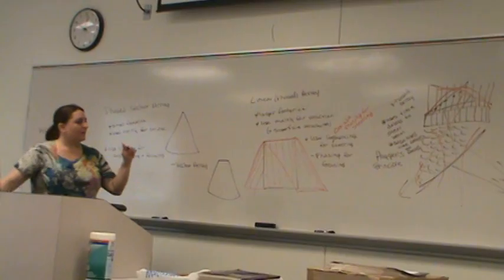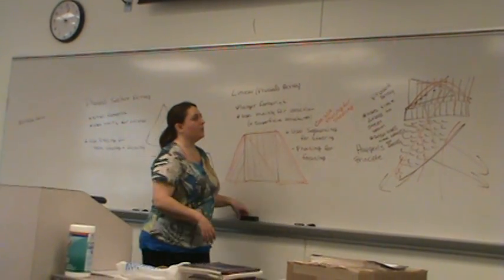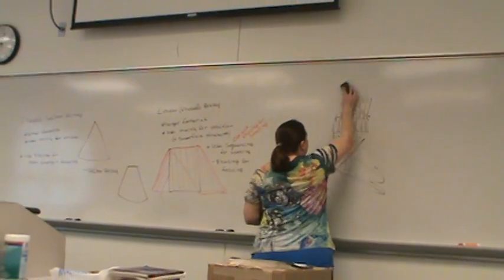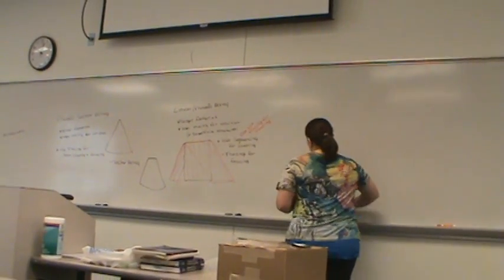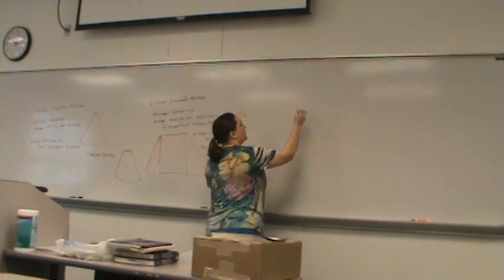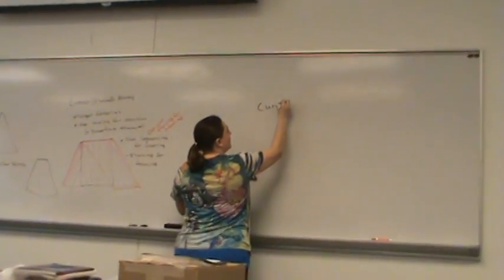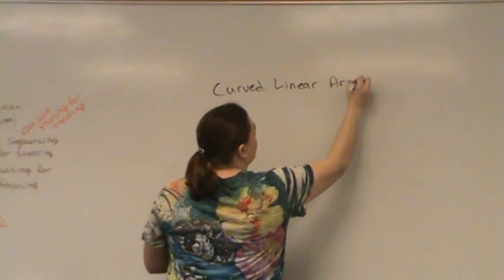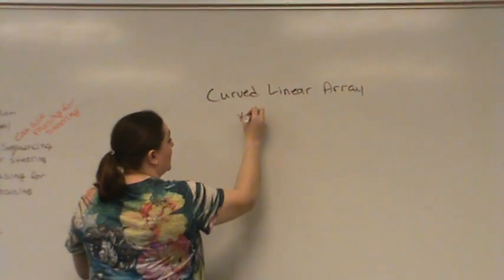So that linear phased array can kind of do both ideas. And so can the curved. So the last one we need to talk about is the curved linear. This has an even larger footprint.